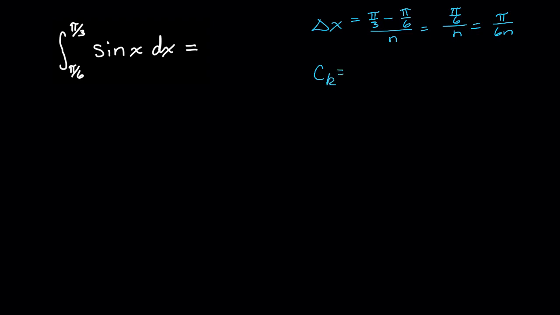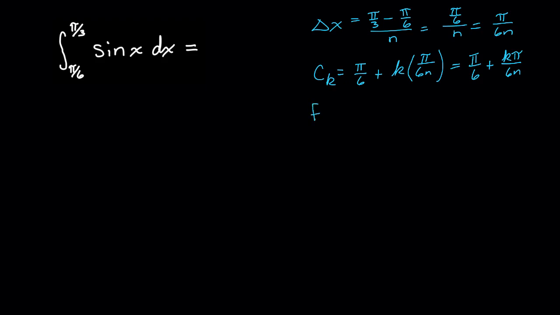All right, so c sub k is going to be your lower limit, pi over 6, plus k times delta x, so pi over 6n, which becomes pi over 6 plus k pi over 6n.